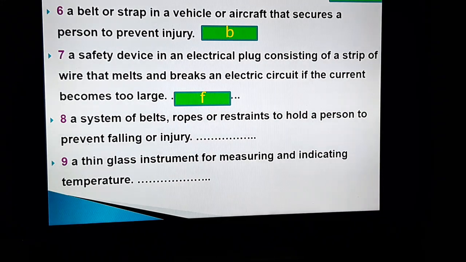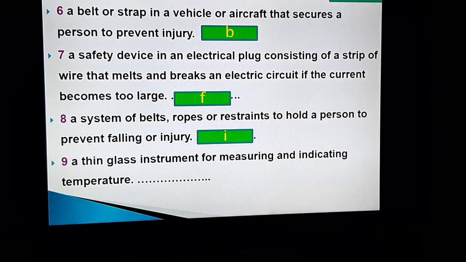When we see the word plug, we can trace it in the right picture, and it will be picture F. Number 8, a system of belts, ropes, or restraints to hold a person to prevent falling. To prevent falling. What's this? It's picture I. Like the ropes we use in parachutes.